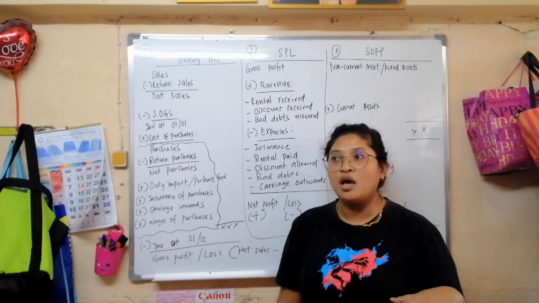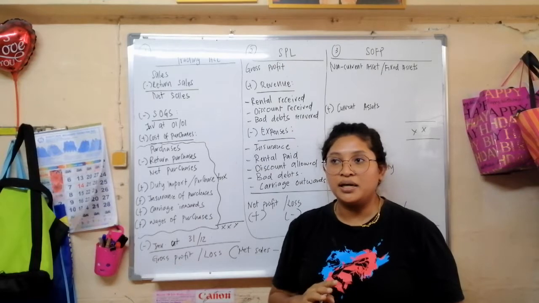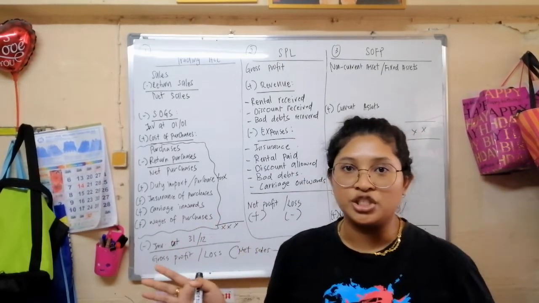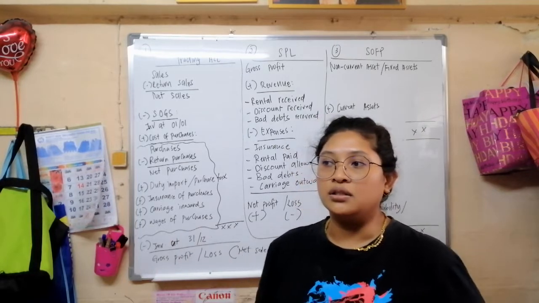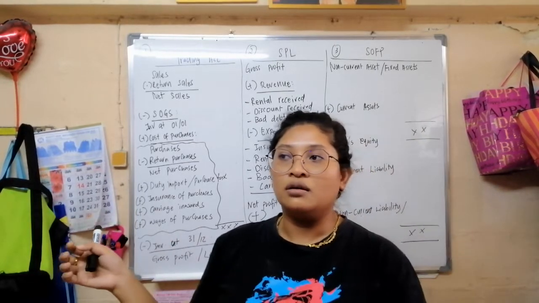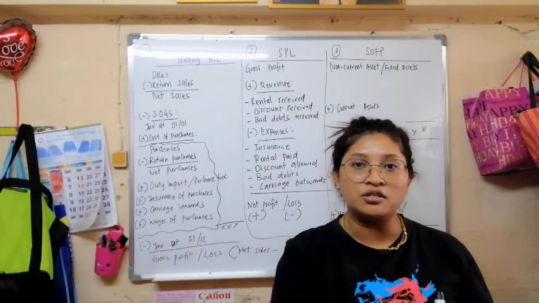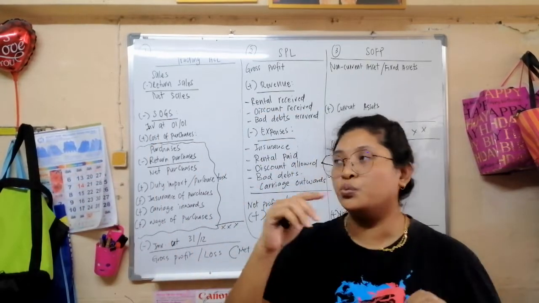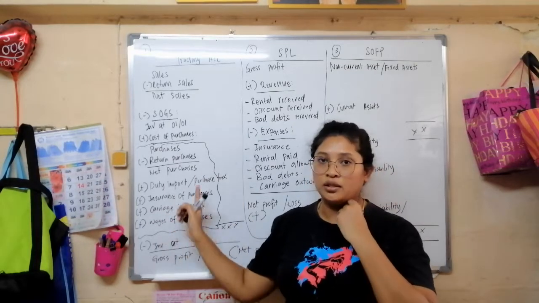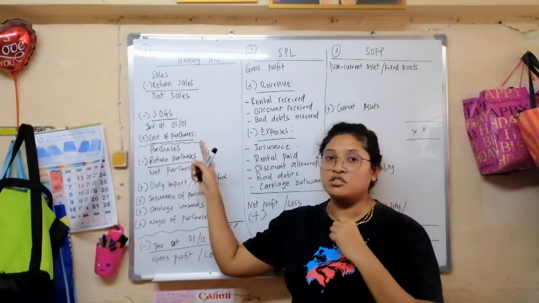For example, your father and mother go to buy a television or cushion. They need to transport it to your house. This transportation cost you need to pay, right? So it's called carriage inwards, your cost of purchases.